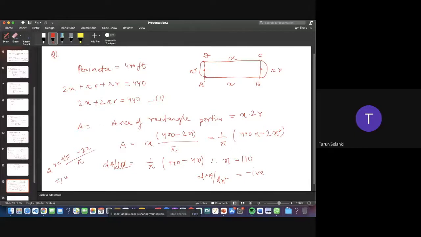So it will be (440 minus 220) by pi, which on solving will be 70. So 70, this is our answer. Okay, so 110 and 70 both are the required answer. Okay, so thank you guys.